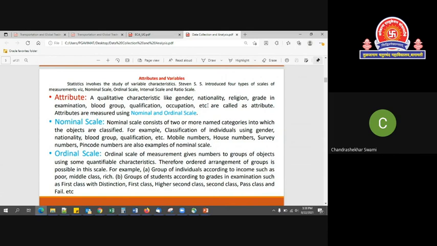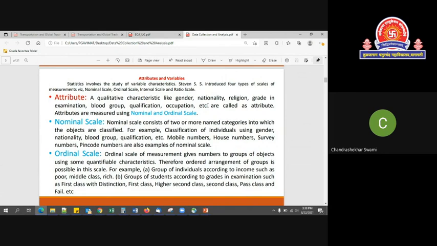In case of nationality, suppose in the Tokyo Olympics there are many players gathered from different nations for representing their nations. So we are classifying these players by their nationality or religion.